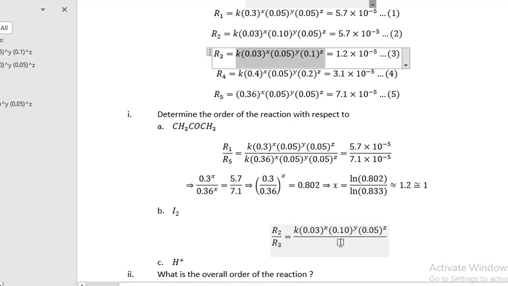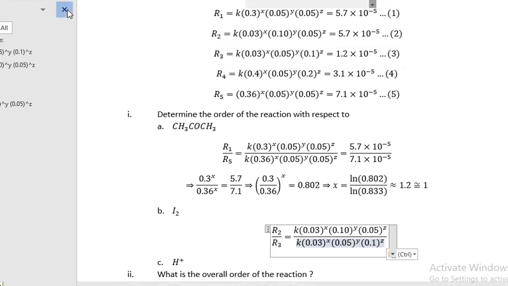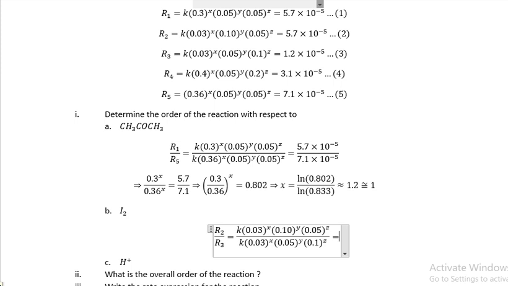Let's just simplify to see what we have. Now if we simplify, the only thing that we cancel is this one. If that cancels, we are going to be left with y and z. That is now a problem.